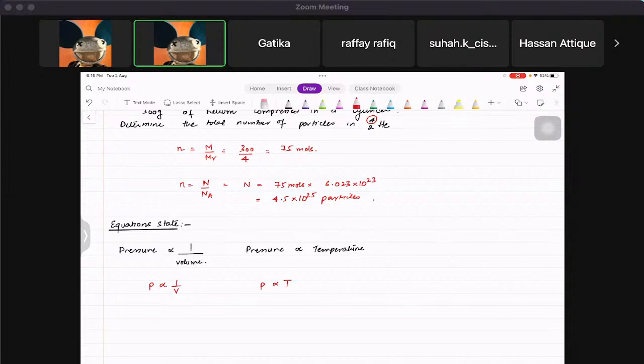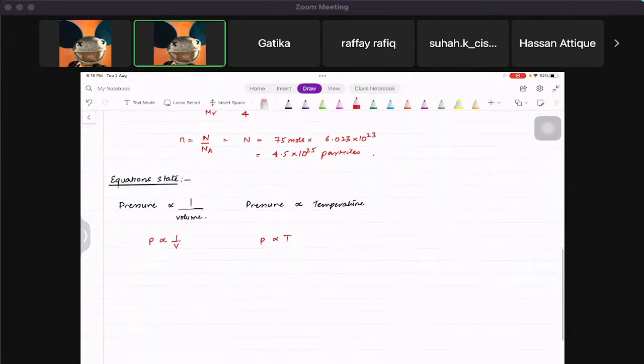If I combine these two, then basically pressure will be proportional to T upon V. And when you remove the proportionality sign, you got to put a constant here, so P equals K T upon V. Now, the examiner is going to ask you exactly the same thing. He's going to say, what is an equation of state, and name any constants you use, right?